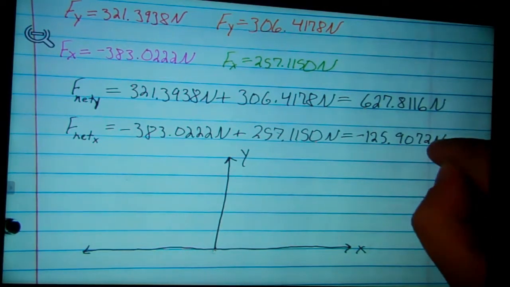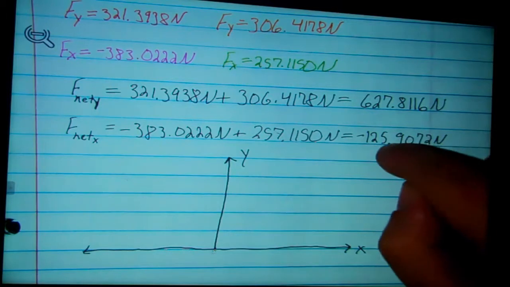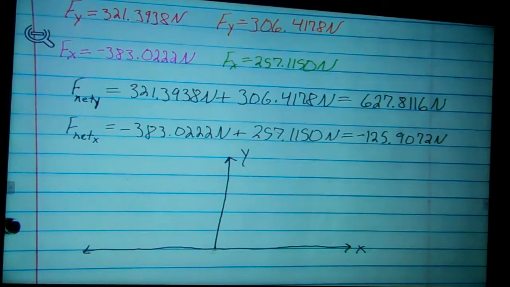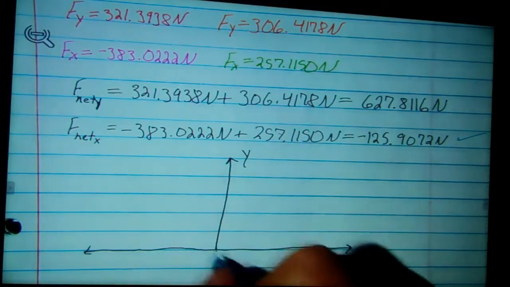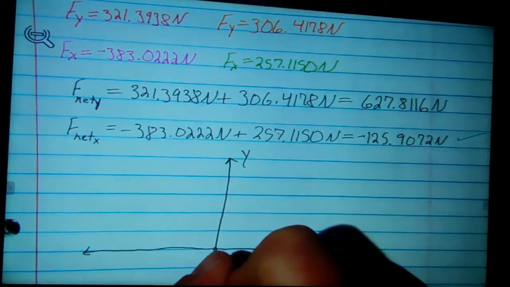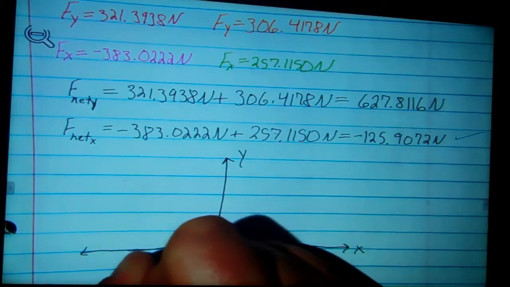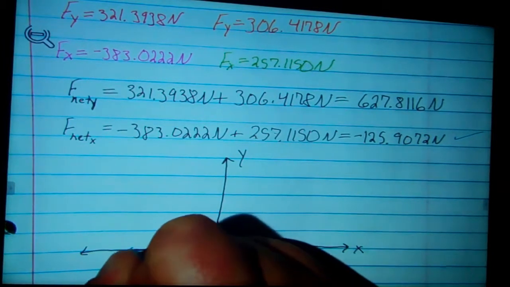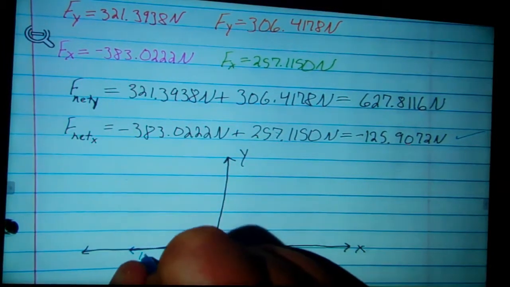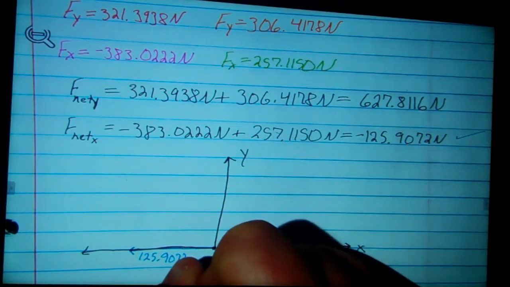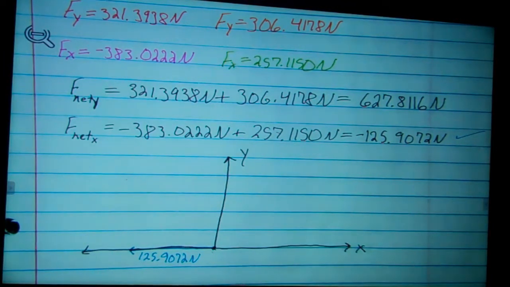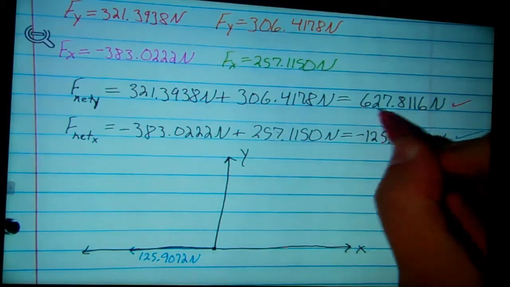I'm going to start with my x, 125.9072 newtons. Am I going to the left or right? Left. So I start here and go to the left 125.9072. Remember, these are vectors, so you have to add these together.